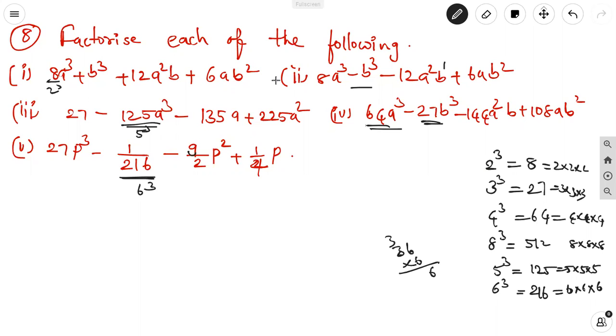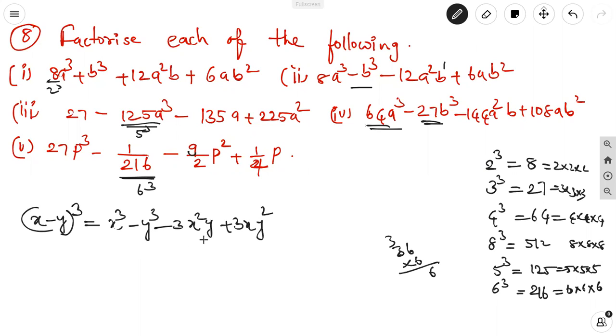Why? Because here we are discussing the identities in the cube, that is x minus y whole cube formula, which is equal to x cube minus y cube minus 3x square y plus 3xy square. It is the identity. Just observe the middle two terms. By having the odd degree, those two terms are negative.